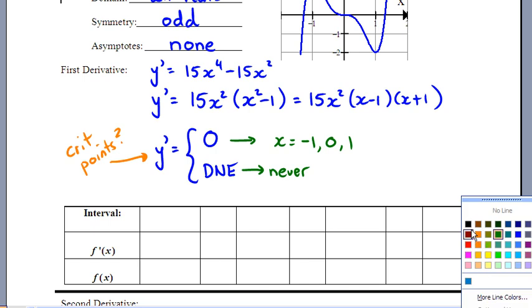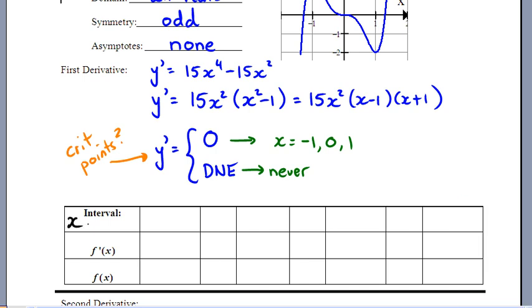Let's go and take our number line, our x values, and let's cut the number line up at those 3 spots. That separates the number line into these 4 nice big intervals. And now we can start seeing when is that derivative plus and minus.